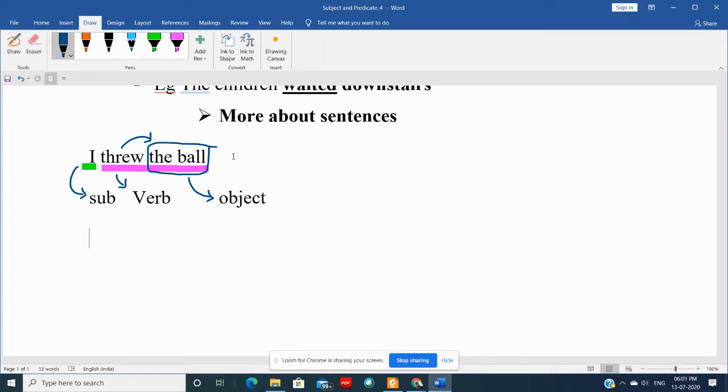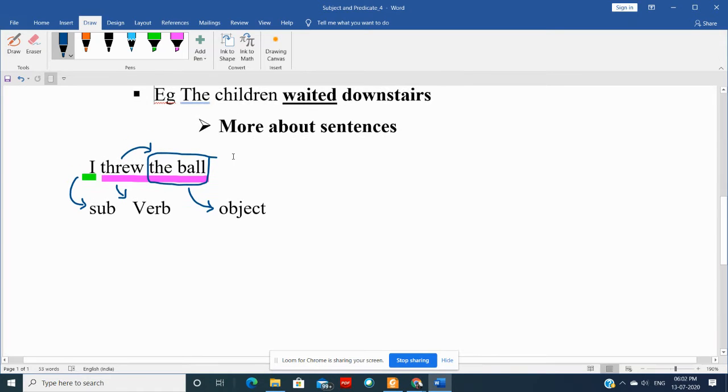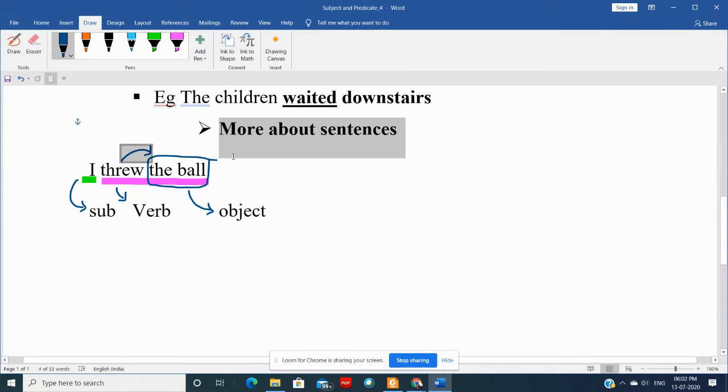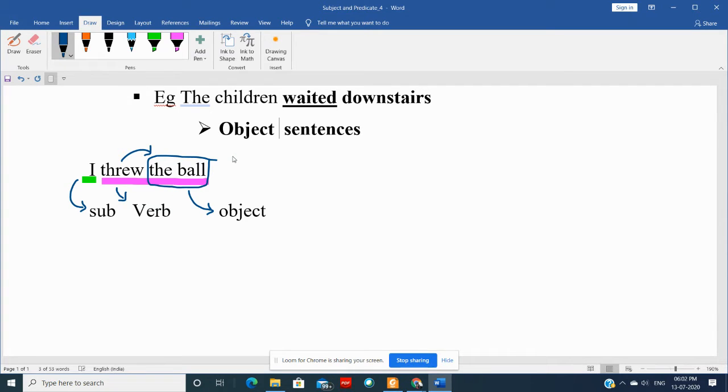Subject and object is the main part of active passive, right? So just understand this very well. It's about object of a sentence. Now, sometimes there are more than one object in a sentence.